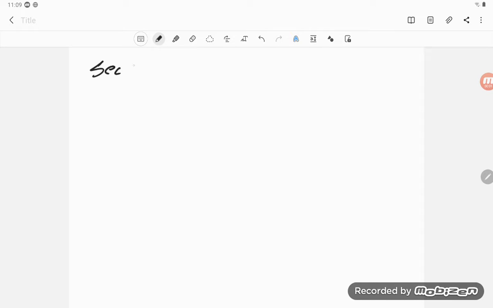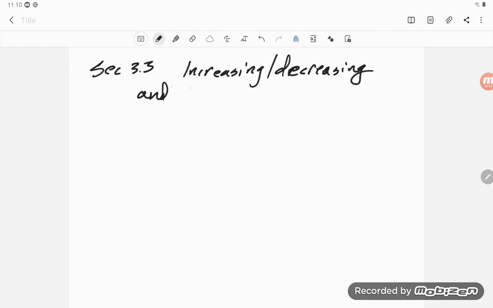This is section 3.3, and what we want to do is just look at this idea of increasing or decreasing and checking for relative max and min.